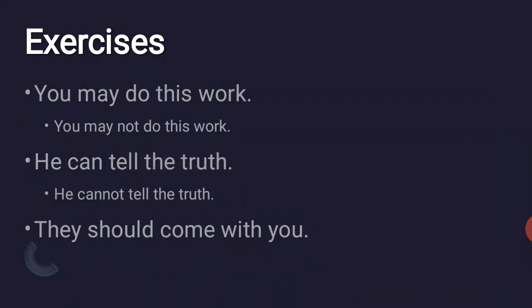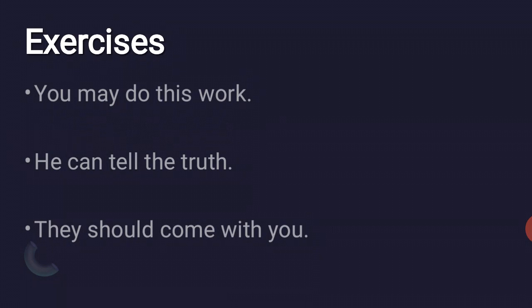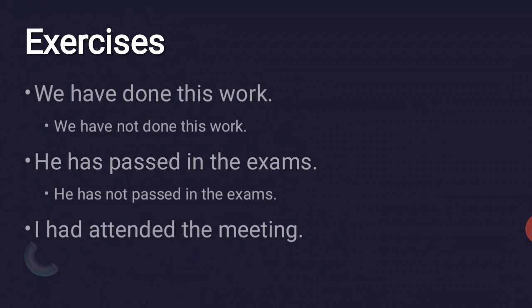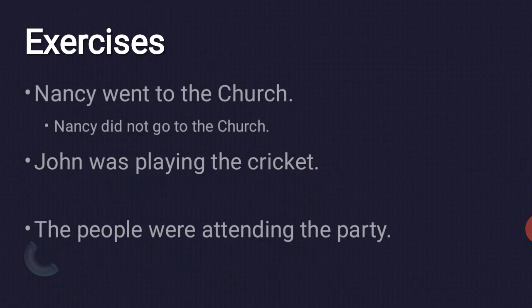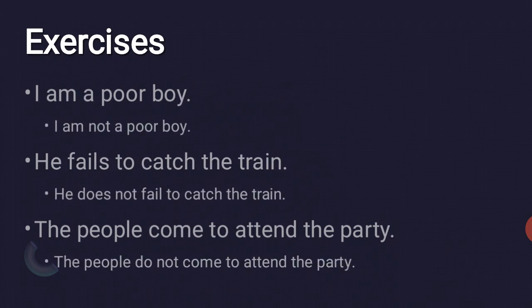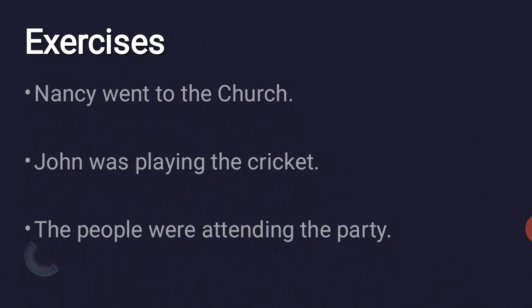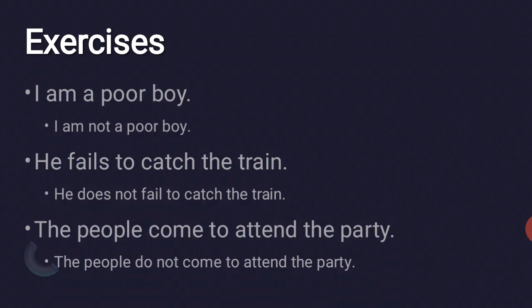So we have to give more concentration to that particular sentence. Students, we have to give more concentration on this part only. For example, if the sentence has a main verb only, in that particular case we have to split with do, does, did.